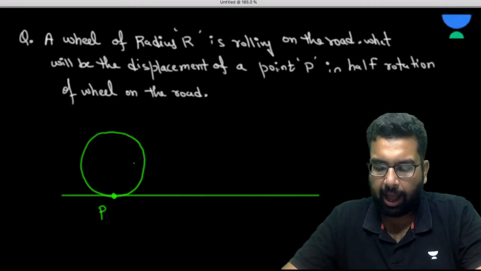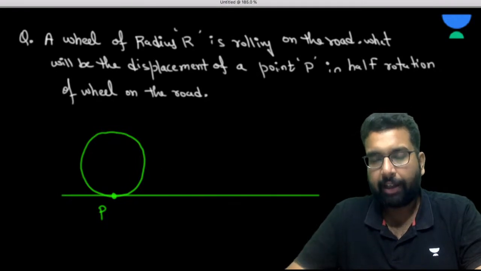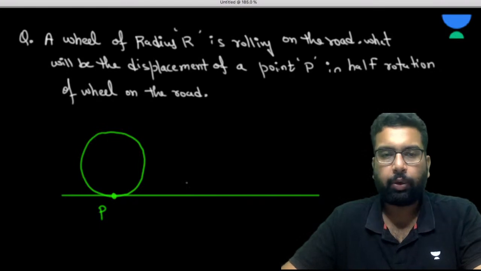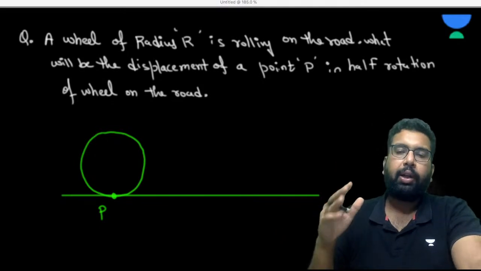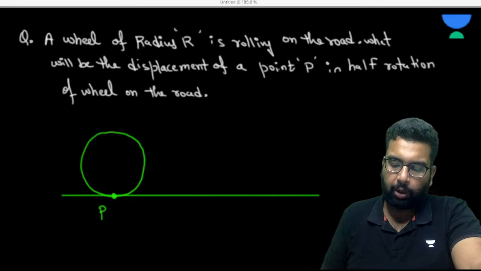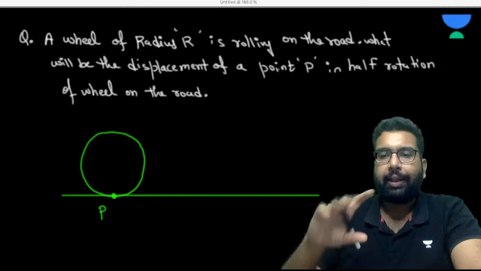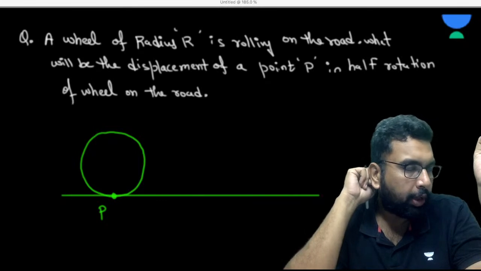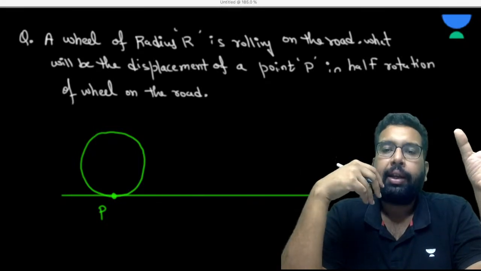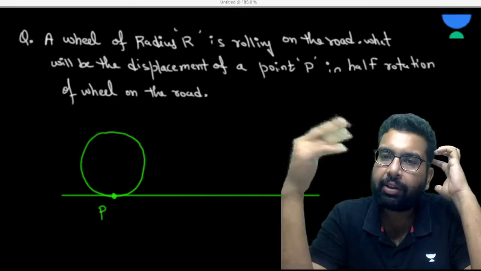So this is rotated by half. Now, what will be the final position of this P after half a rotation? It is rolling. Rolling means that it is moving forward also and it is rotating also. So rolling is a combination of linear and rotational motion. When something like a tire rolls on the road, it is having some rectilinear motion also, and it is having some rotation also.